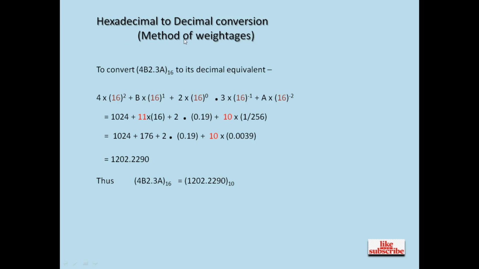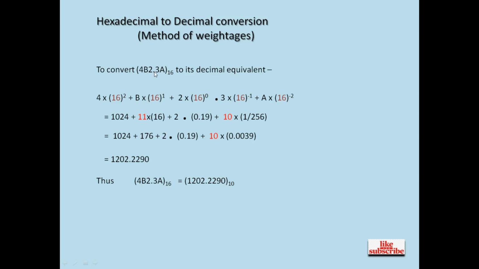Hexadecimal to decimal conversion is the reverse process, and it is the method of weightages. Let us consider this hexadecimal number 4B2.3A. So individual weightages of these digits are calculated. How?